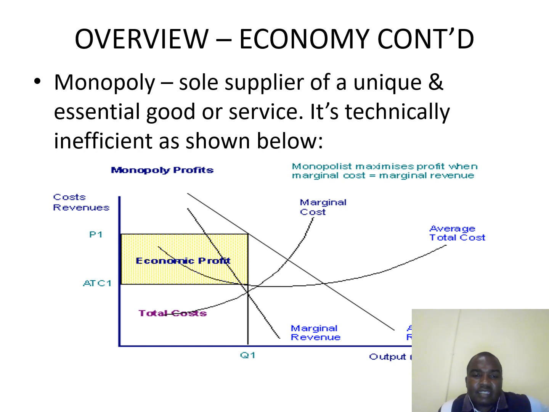The ATC attains its minimum point where the marginal cost, coming from below, cuts the average total cost curve, which is to the right of the equilibrium point. As we can see at the point of equilibrium, the average total cost is lower than the price. And since the average total cost is lower than the price, this firm is able to realize supernormal profits.